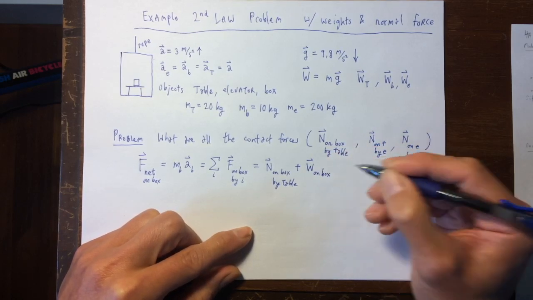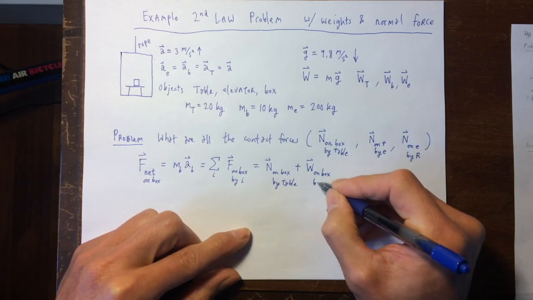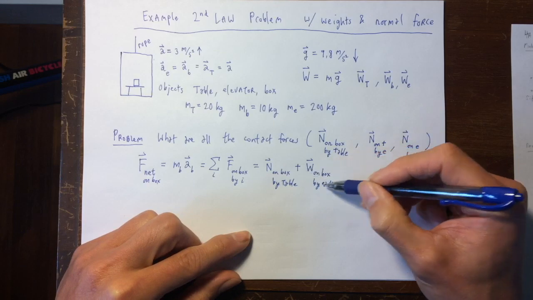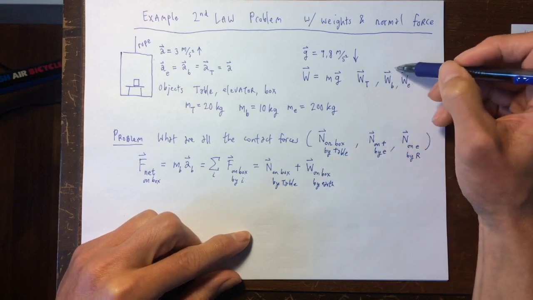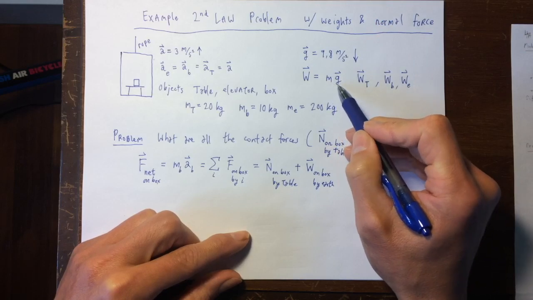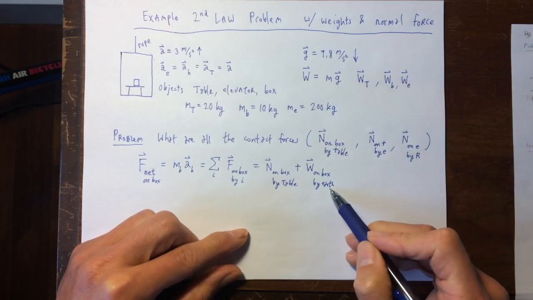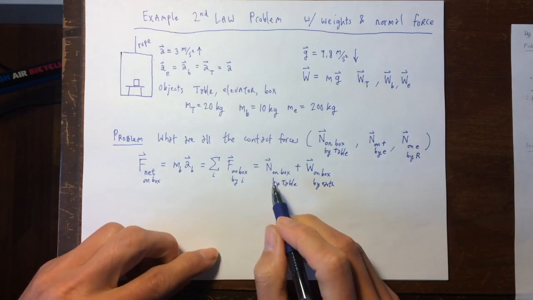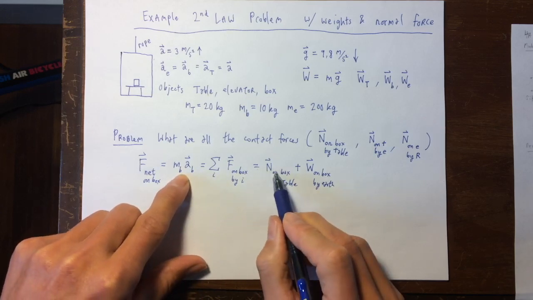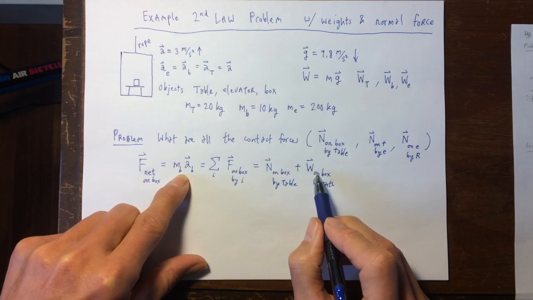It's the weight force, a force on the box by the Earth. And this thing right here is the same as this, which you calculate by putting the mass of the box times the acceleration due to gravity on the Earth. So this term here is equal ultimately to the sum of these two terms.